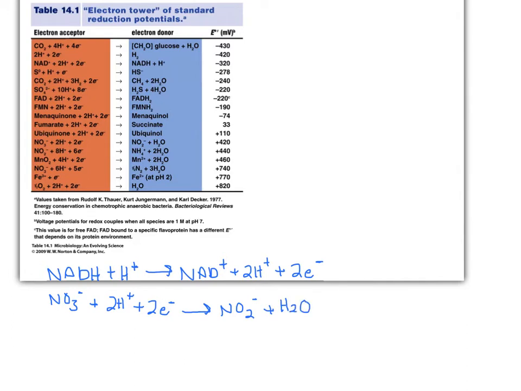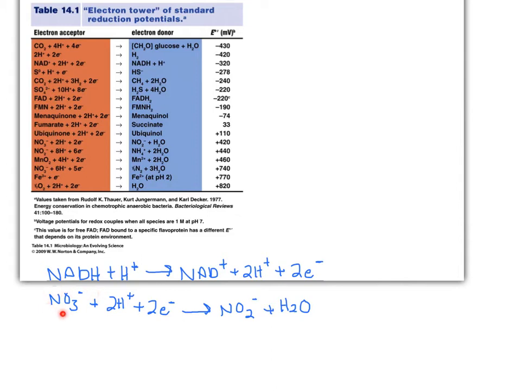And on this question, even though you didn't need to answer it on the quiz, it asks you to indicate which one represents an electron acceptor being reduced and which one represents an electron donor being oxidized. So let's start with the electron acceptor being reduced. We already have a pretty good idea because I specified that nitrate is our electron acceptor.